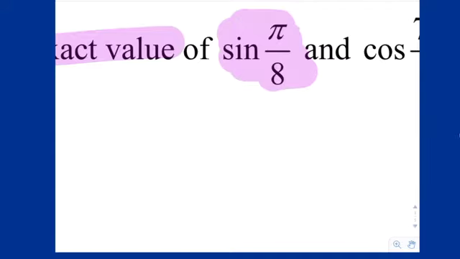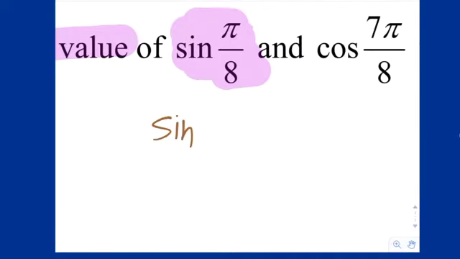No. Darn it. So we're not going to be able to find the exact value using composite identities. But is pi/8 half of a unit circle angle? It is. You can write pi/8 as 1/2 of twice pi/8, which is pi/4.